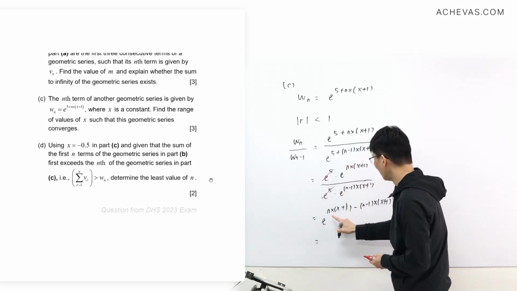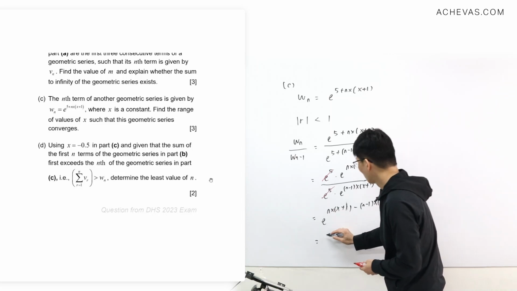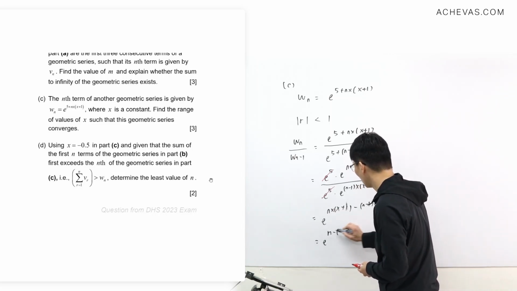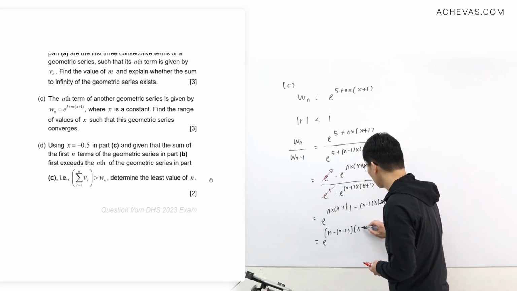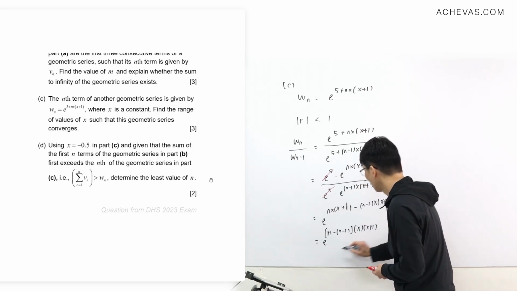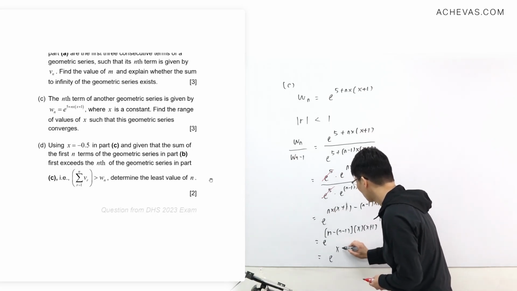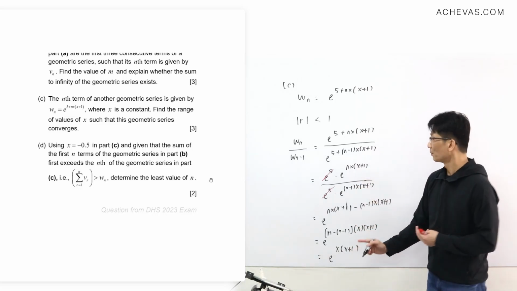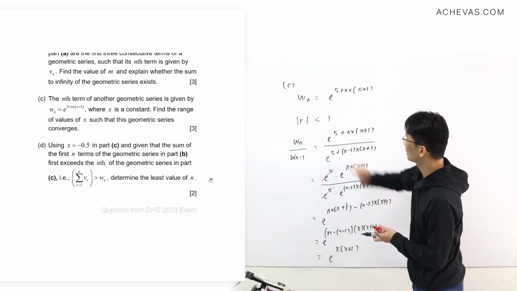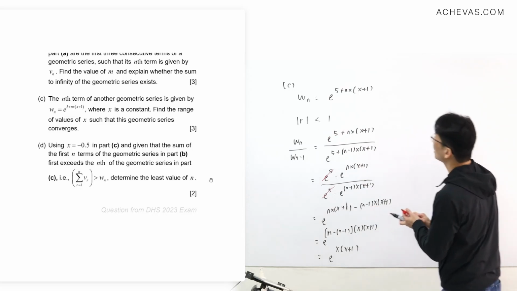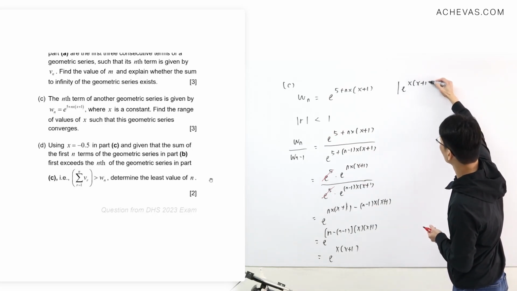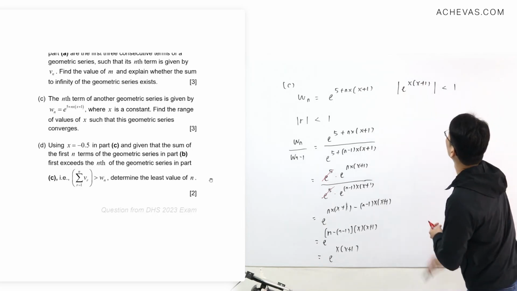Factorizing out the x plus 1, I will get e to the power of n minus n minus 1 times x plus 1, which will just give me e to the power x plus 1. This will be my common ratio. And it will fulfill this inequality here. I will get modulus of e to the power x plus 1 less than 1.